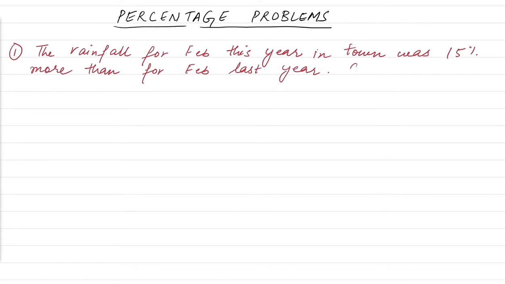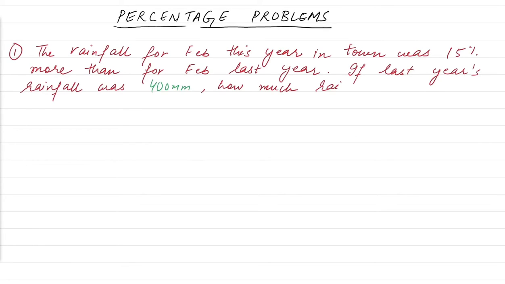If last year's rainfall was 400 mm, so last year's rainfall is given, which is 400 mm, how much rainfall did the town receive this February? So 15% is given to us, and 400 mm.